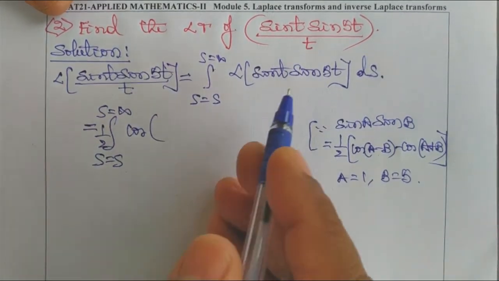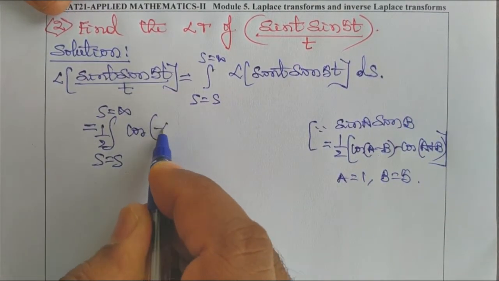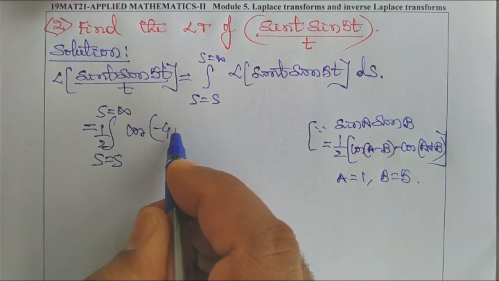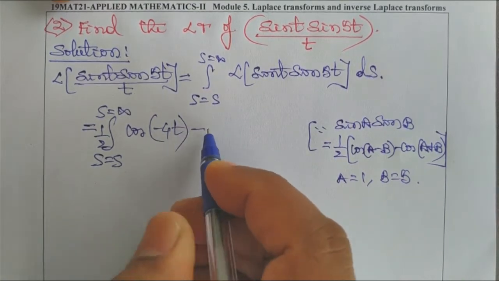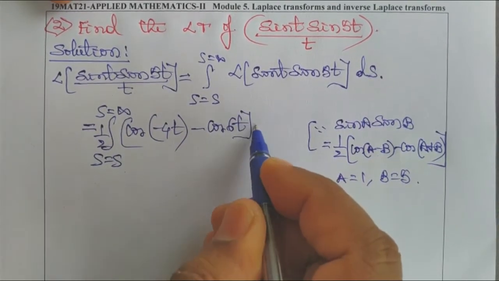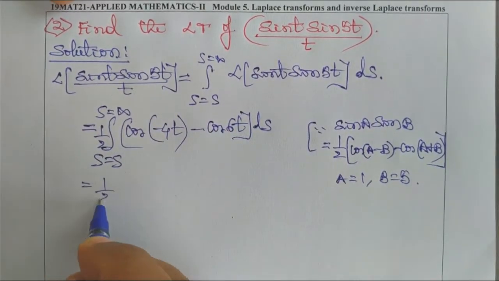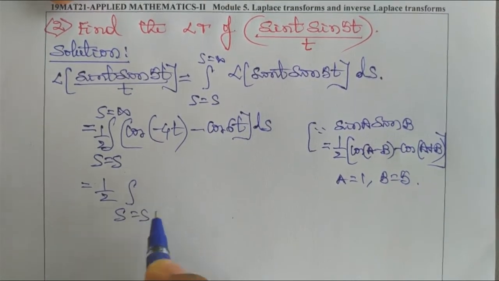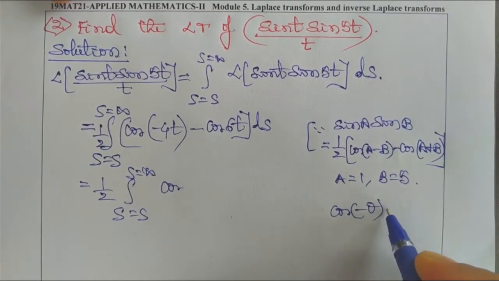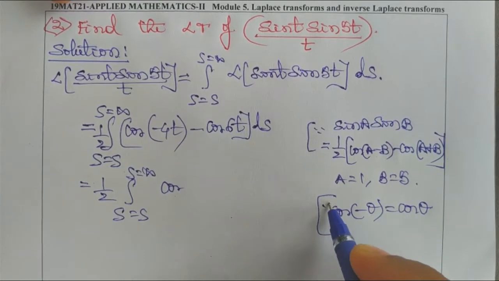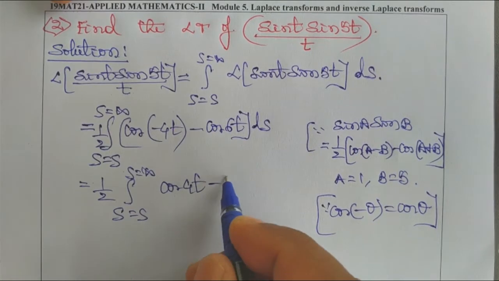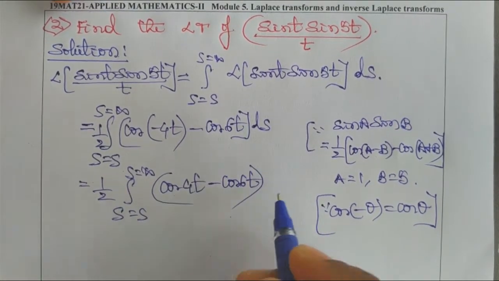Now substituting, a minus b means 1 minus 5 is minus 4. So cos of minus 4t, then minus cos of 6t, into ds. Now what happens? This is the integral from s to infinity. You know cos of minus theta is cos theta. This you should know. Now according to that, this is cos 4t minus cos 6t ds.